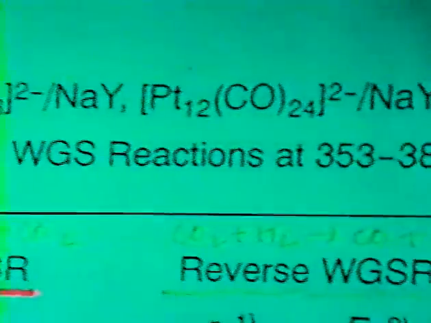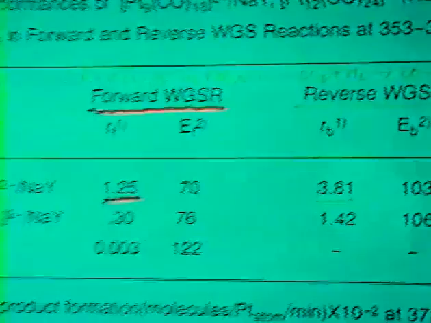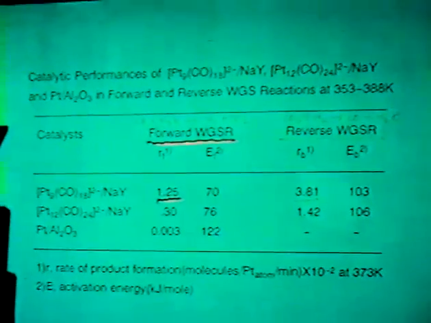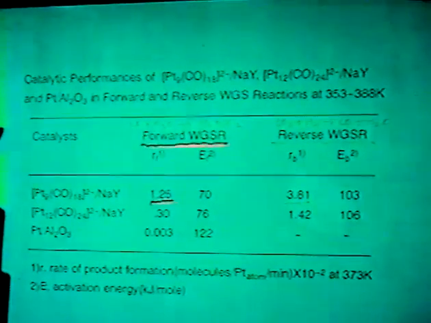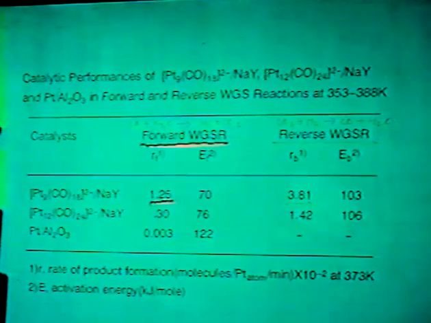Also the reverse water gas reaction proceeds reasonably on this catalyst under mild reaction conditions. And we found that both water gas reactions proceed on this catalyst while keeping the cluster framework.